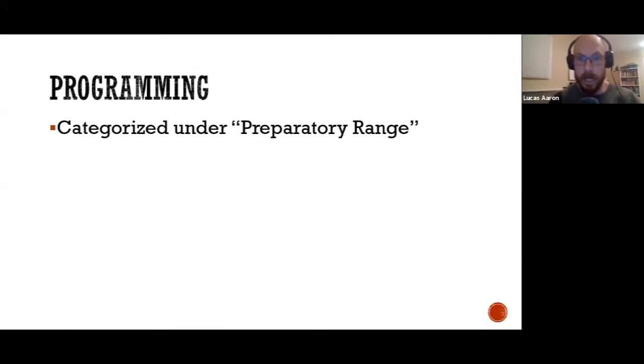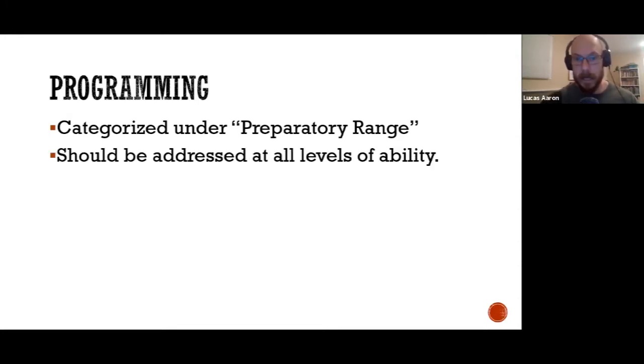So preparatory range is like our GPP for flexibility. We're performing more low-grade bodyweight static stretches and more low-grade strength training variables in an end range. So this would be very preparatory. That being said, it doesn't have to be subjective just to beginners.